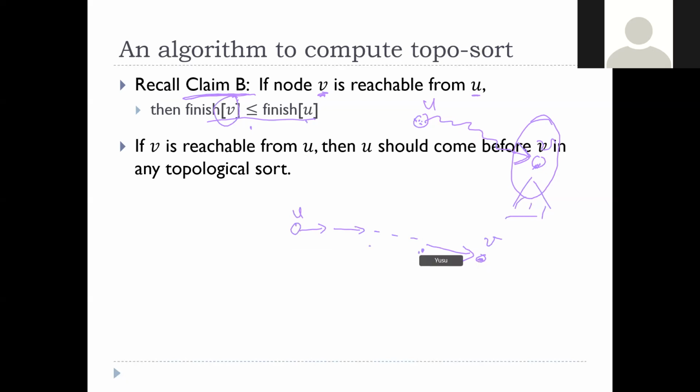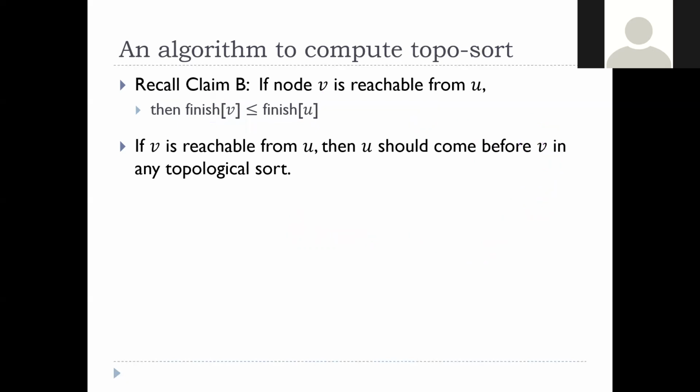So in the topological sort order, we have to have U first, and then all these other intermediate nodes, and then V. So V has to come after U in any topological sort. That's a requirement we have.